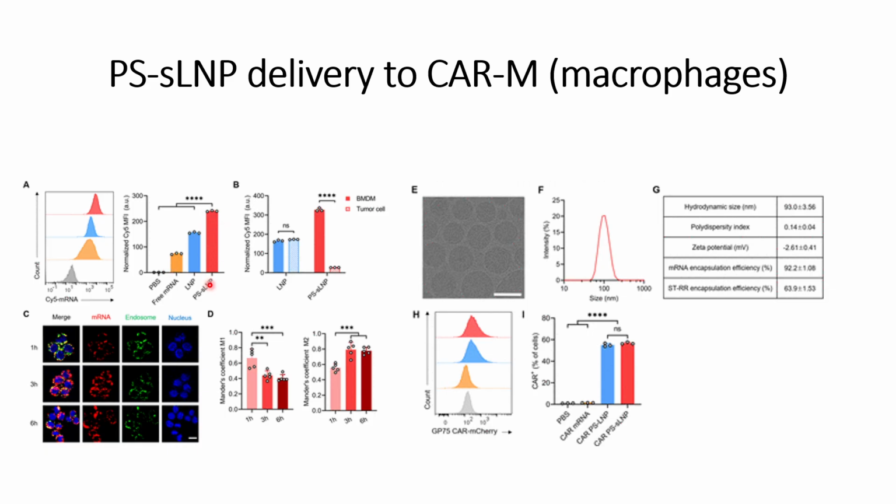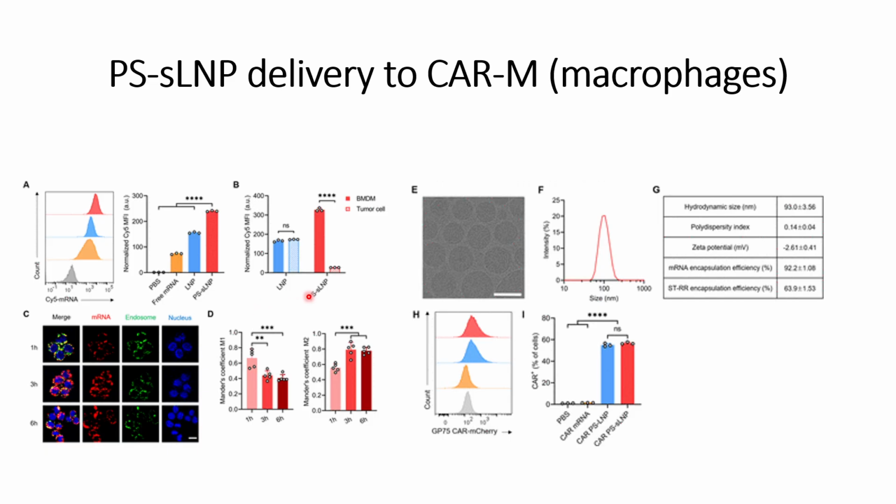Thereafter, once validating that their platform is efficiently able to translate the mRNAs, they did their studies in a more realistic model where they used two different cells. The first is melanoma cancer cells and the second is bone marrow derived macrophages.